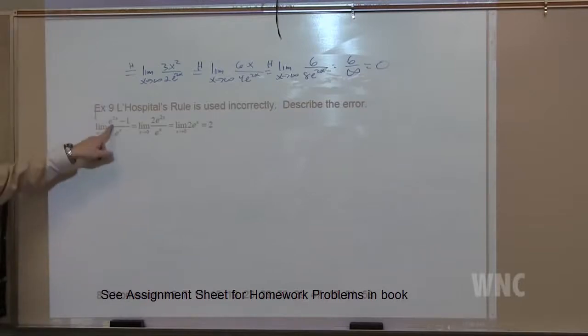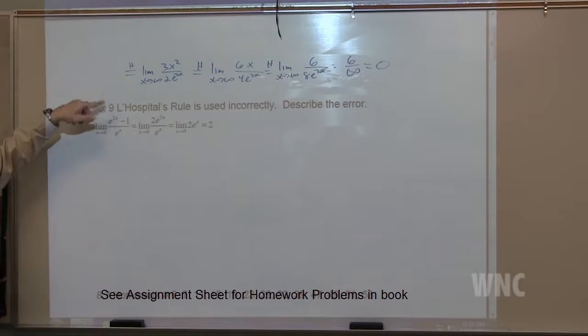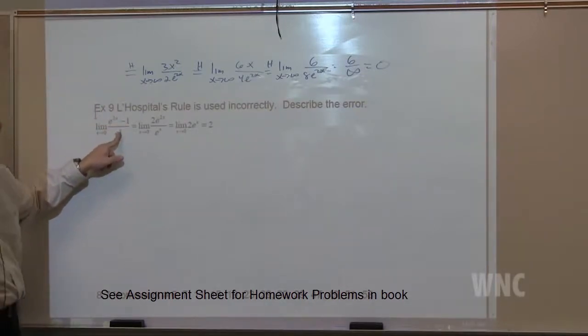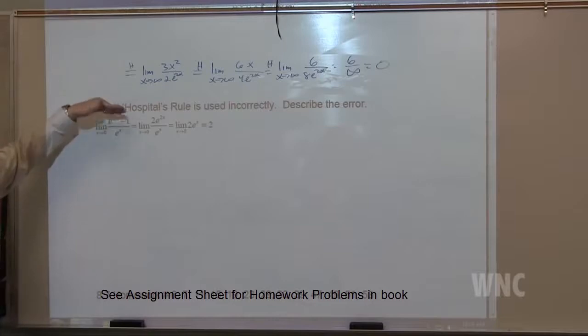If you put in 0, e to the 2 times 0 is e to the 0, which is 1. So we have 1 minus 1. That's 0 on top. But e to the 0 is 1. So you have 0 over 1. This is not indeterminate.